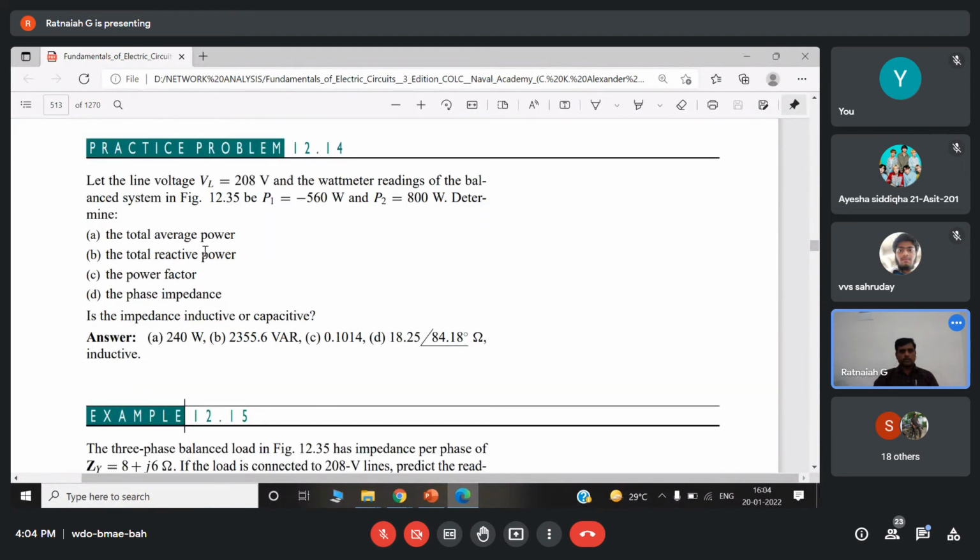Determine the total average power, that is P. You have to remember this.